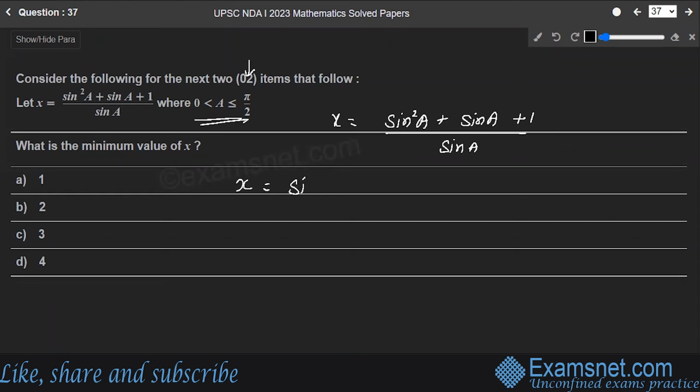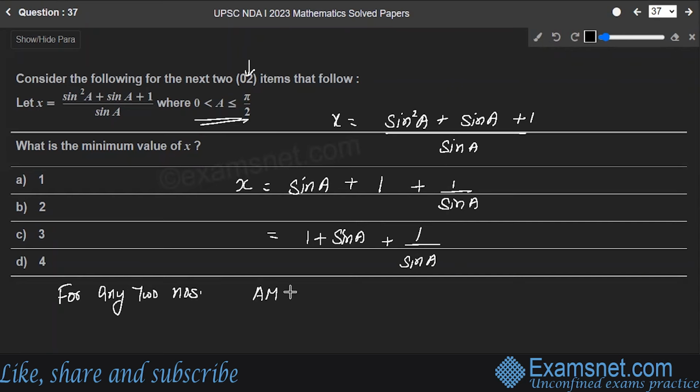So here x is equal to (sin²A + sin A + 1) upon sin A, or 1 + sin A + 1 upon sin A. Now you know that for any two given numbers, the arithmetic mean is always greater than or equal to the geometric mean.